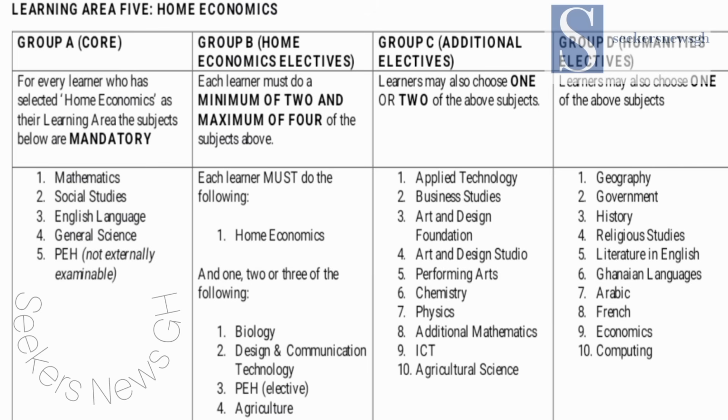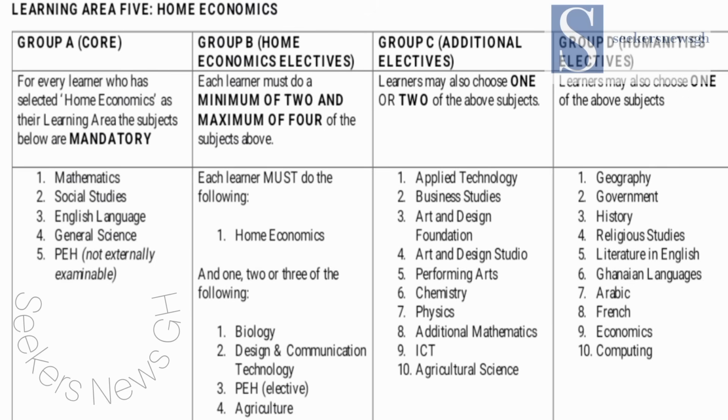Then they can choose business studies as 1, then go and choose something like French or computing in addition. If you want to do that combination, then you go to that class. If you want another combination, there will be another class for you.